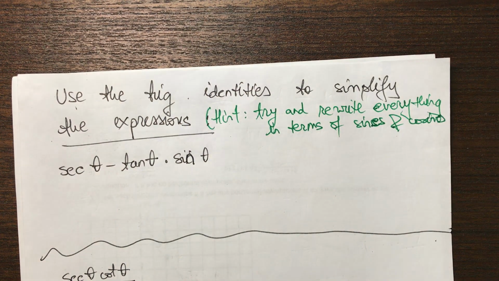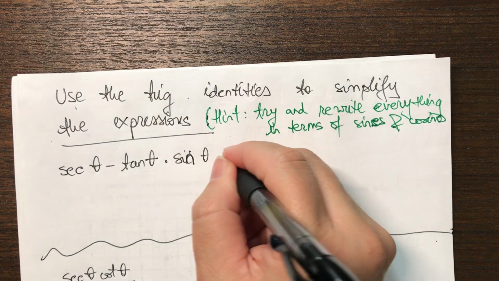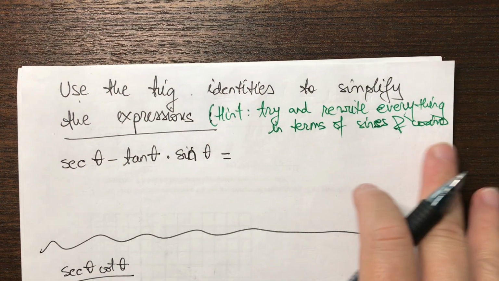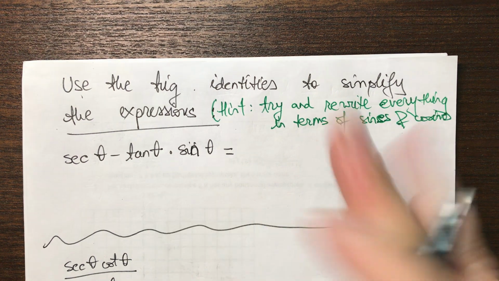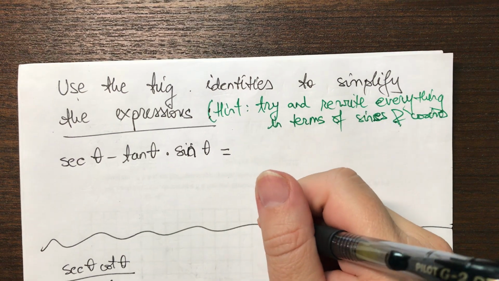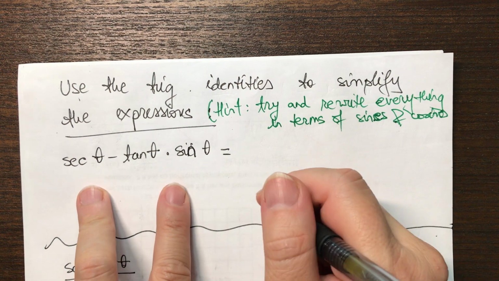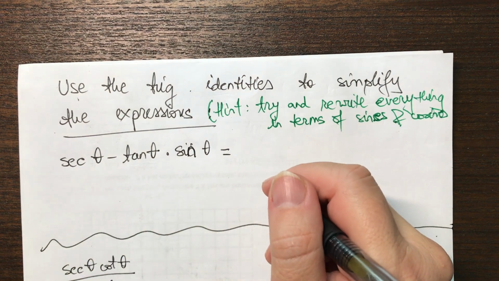By the way, that's the actual name of sine. I know we write sin, but it's sine. That's the name of the function. Okay, so try and rewrite everything in terms of sines and cosines. Why? Most trigonometric identities refer to sine and cosine with respect to everyone else. So let's see what I got.